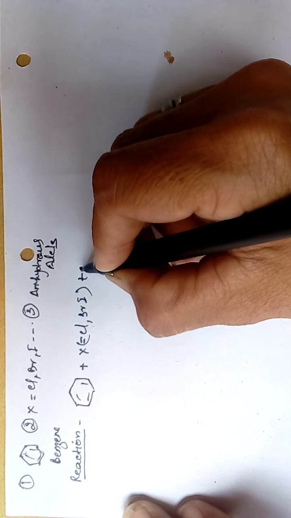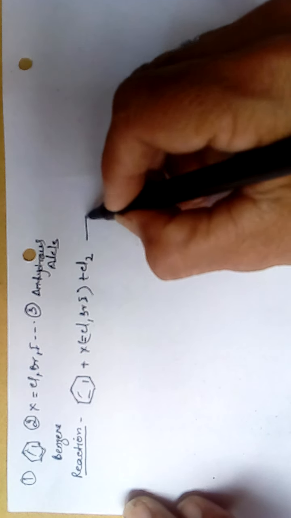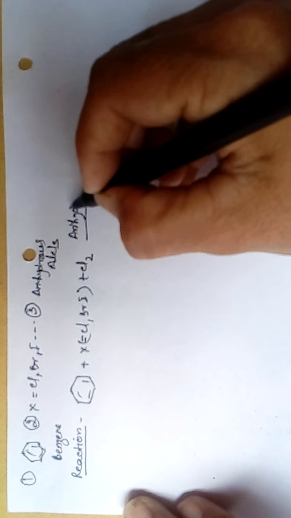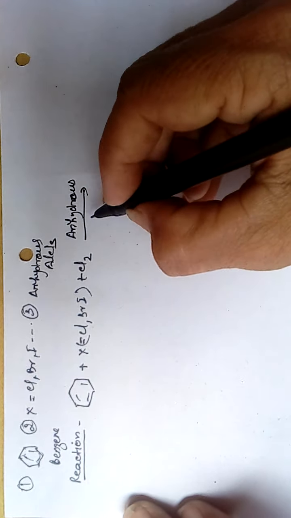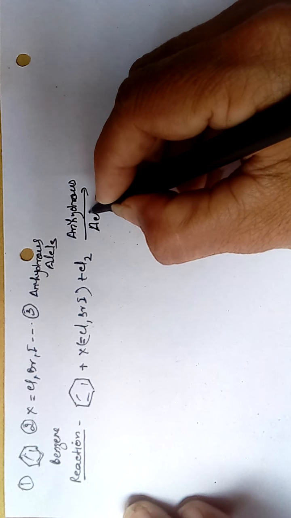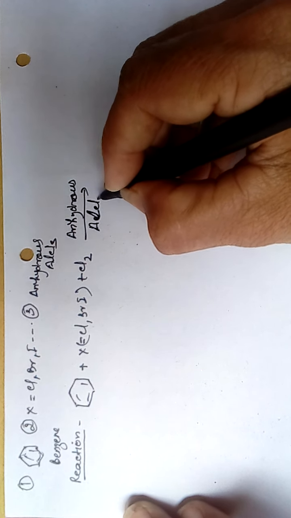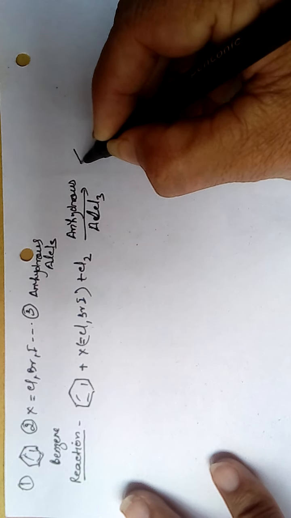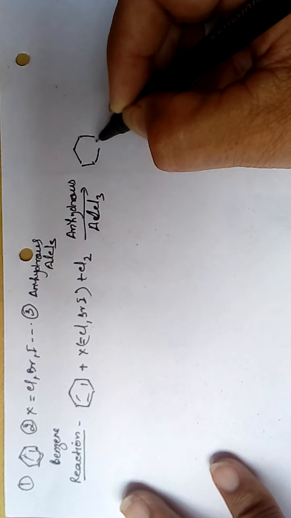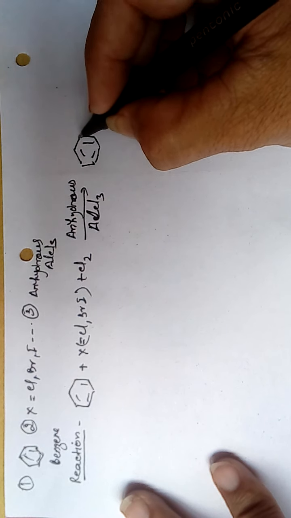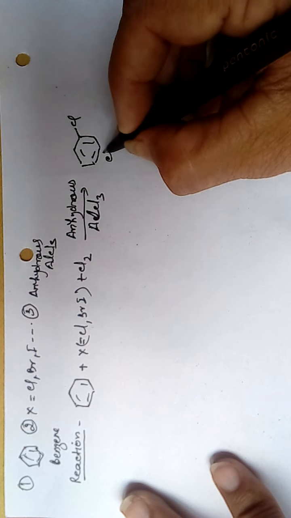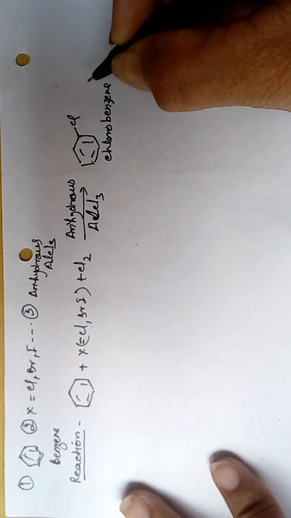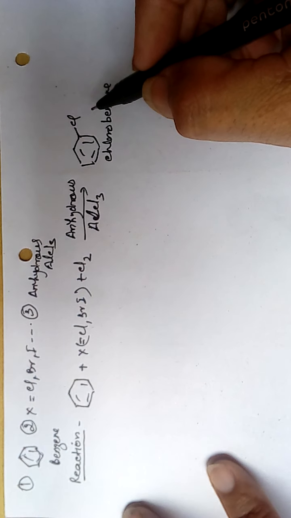Here we take chlorine in the presence of anhydrous aluminum trichloride. It gives chlorobenzene. It is also known as haloarenes.